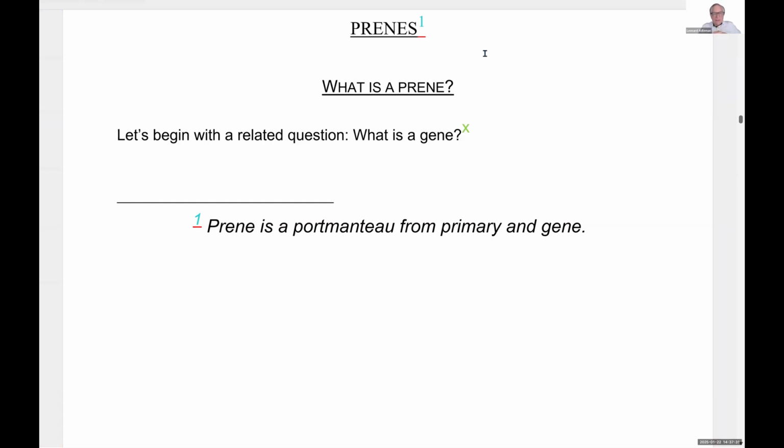So somebody tell me what a gene is. Anybody willing to take a shot at that? It's a sequence of letters. That was João again. Thank you. It's a sequence of letters, A, T, C's, and G's, I assume you're saying.